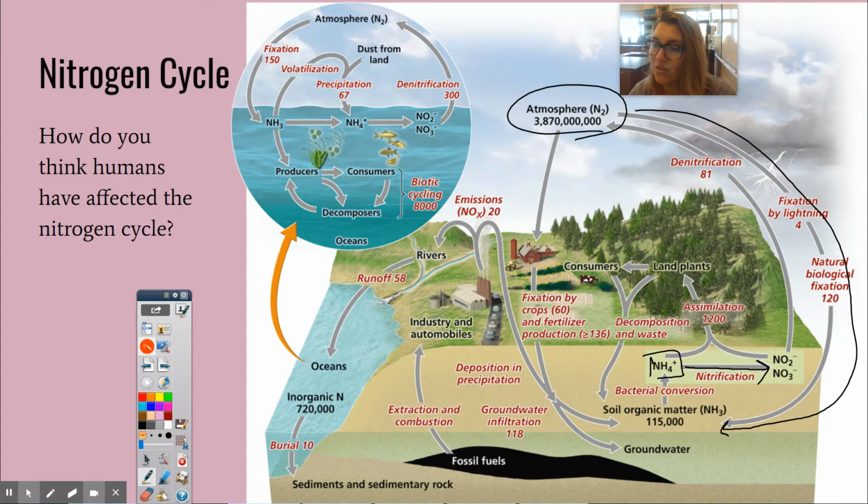So it has to be as nitrates, NO2 or NO3, in order for plants to use them. Once it's in the soil as NO2 or NO3, plants will take it up through their roots in a process called assimilation, and it'll go into plants. We, the consumers, will eat the plants, or if you're a secondary consumer and eat meat, you could also get it from the meat that ate the plants.